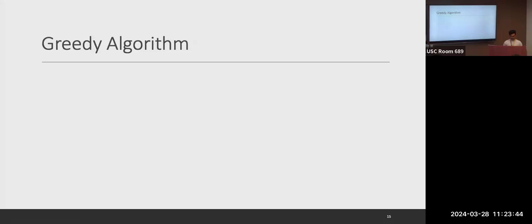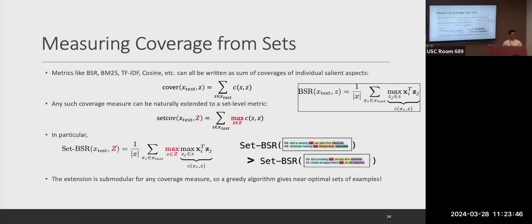It's interesting that the form of set coverage is conjugate to the particular form of BERT score recall. What I mean is it's max over a thing. The way you define it implies that the inner metric need not be conjugate. That's c of s, z. Yeah, it could be any max.